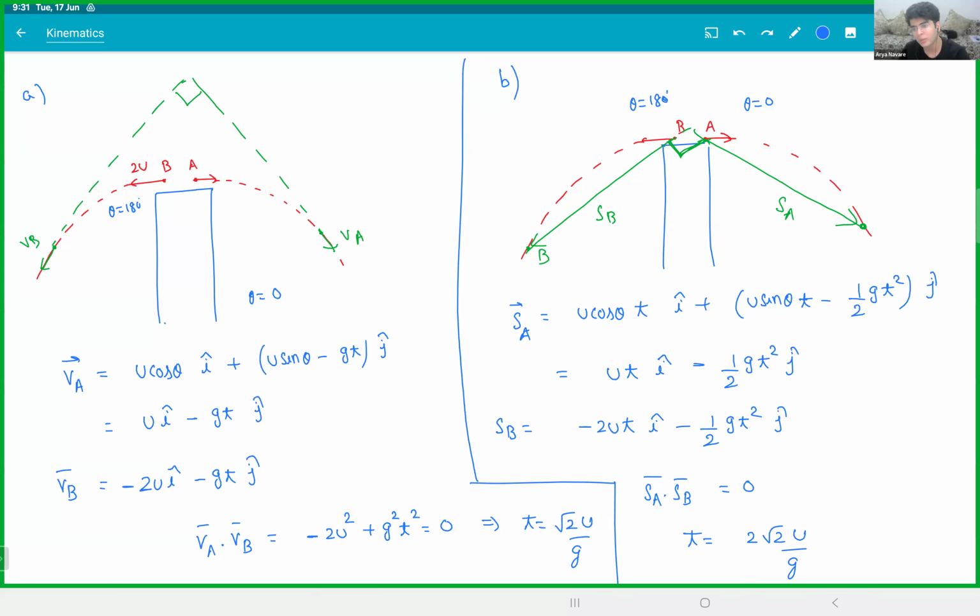Their velocities are perpendicular when they are at the ground? Who told you U by G is the ground time? We cannot say anything about that, because the time of flight from the building is 2h/g, and I have not given h. U by G is the time of descent. Don't remember it like that. Clear with this?